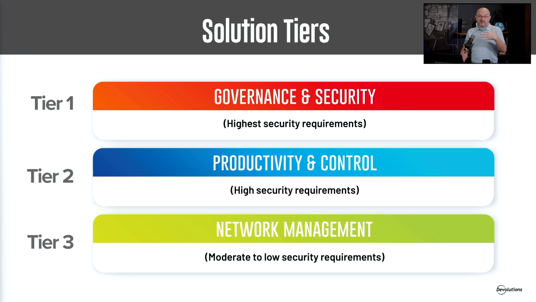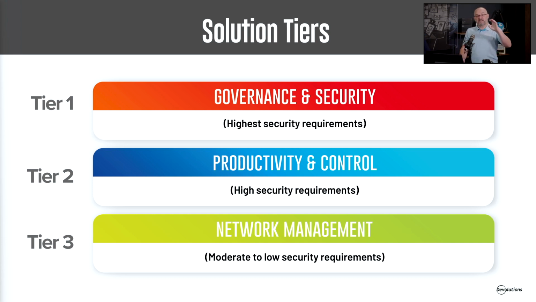So you have moderate to low security requirements. Tier 2 is when you need more control, compliance, regulations, and so on. And then lastly, the tier 1, which is the most sensitive, you have governance and security. So this is the strictest environment.